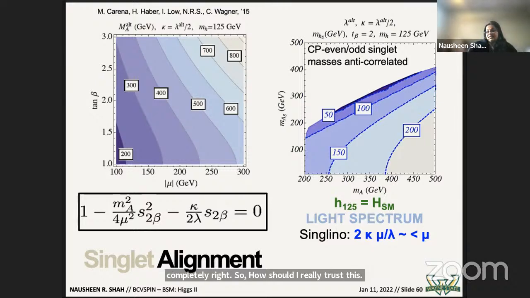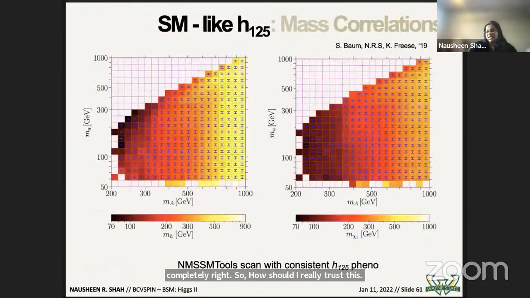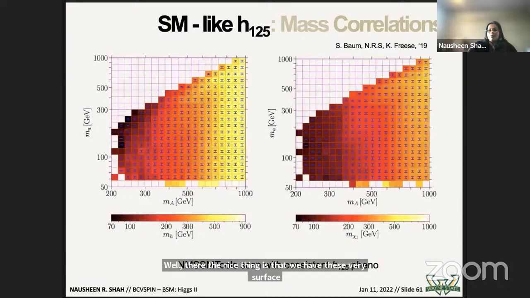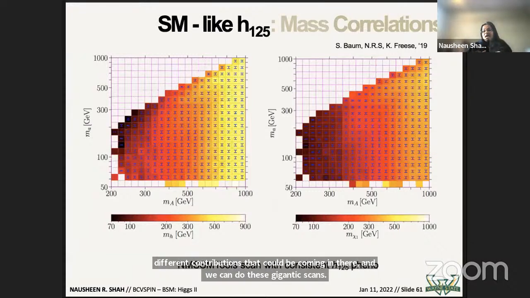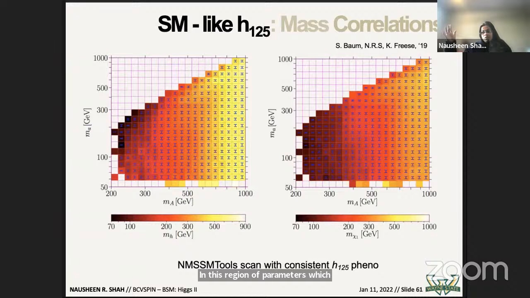Well, the nice thing is that we have these very sophisticated tools, which include, in particular for SUSY models, a whole bunch of these different contributions that could be coming in. And we could do these gigantic scans in this region of parameters, which include, like I said, all of these loop corrections. And we did that.